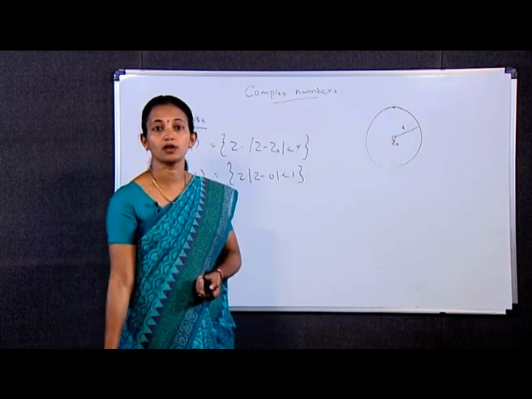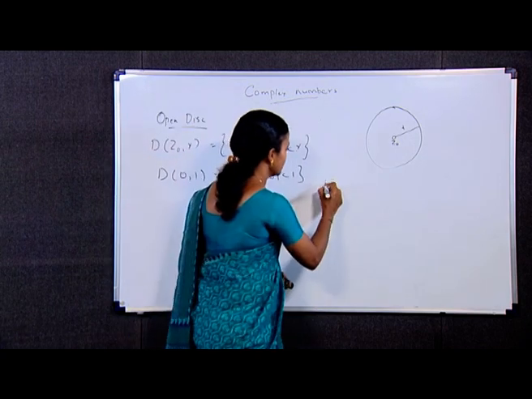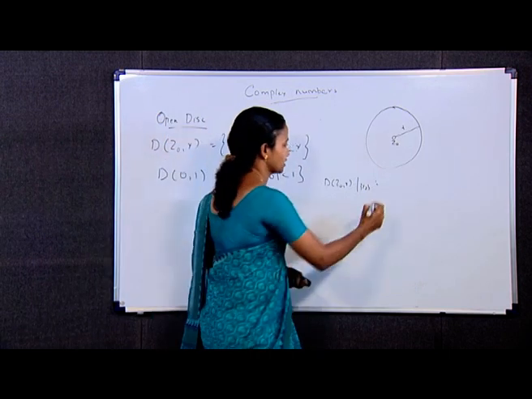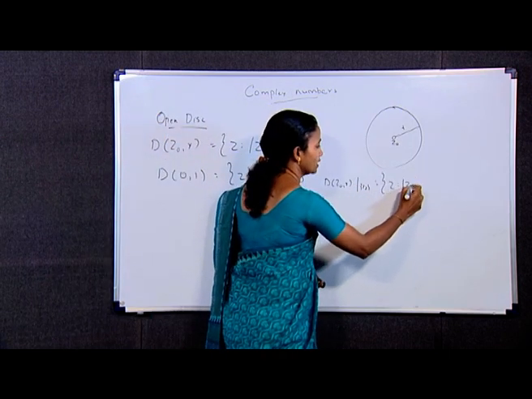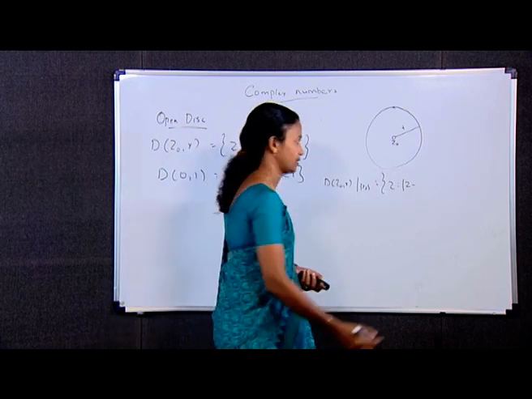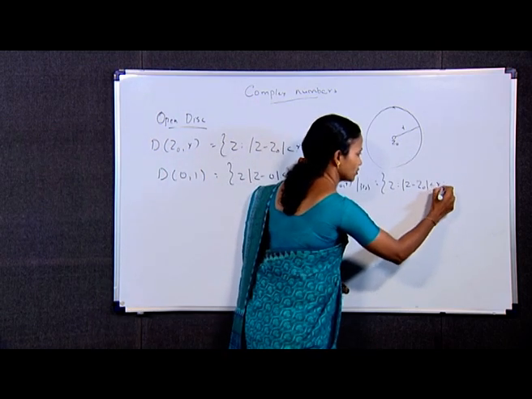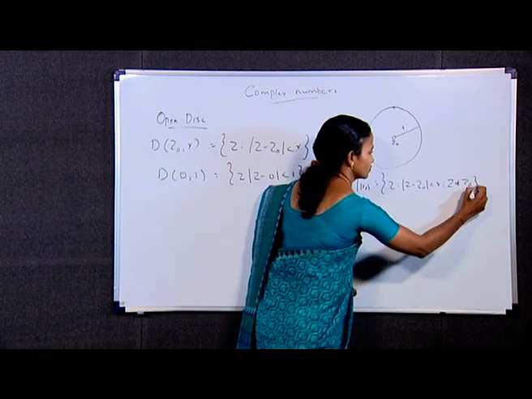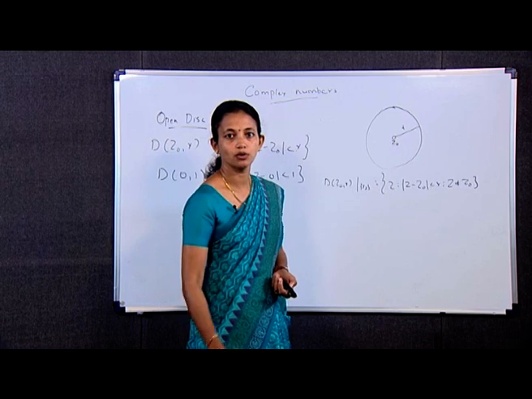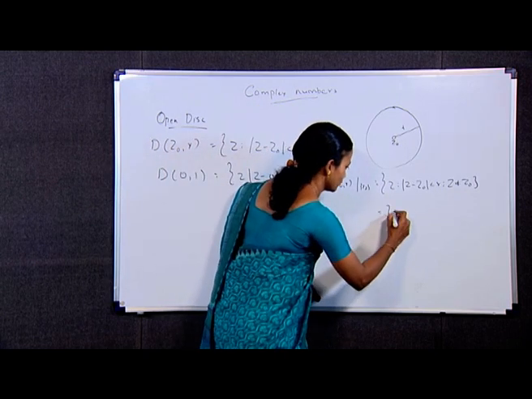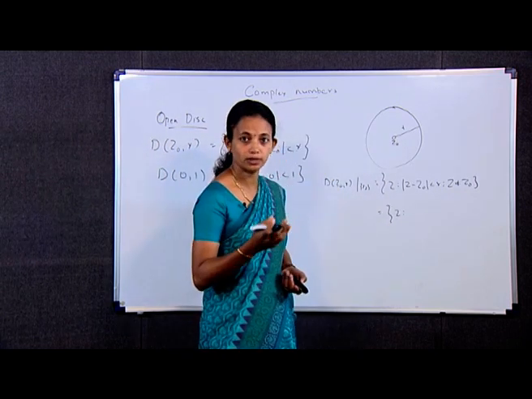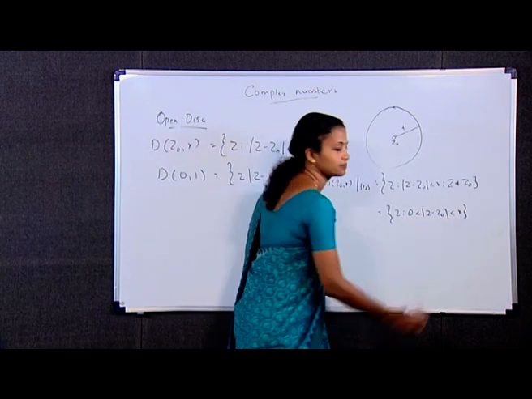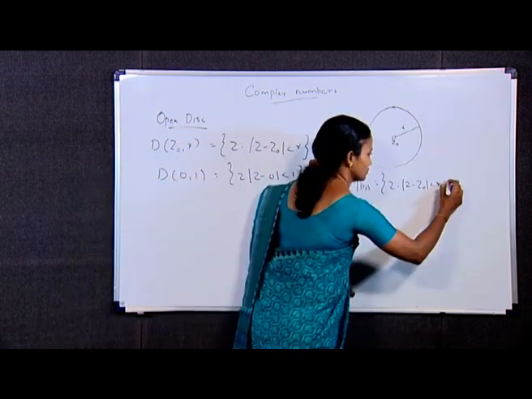D(z0, r) minus {z0} is the collection of all z such that |z − z0| is less than r and also z not equal to z0, which is equal to the collection of all z where 0 is less than |z − z0|, which is less than r. This is our deleted neighborhood.